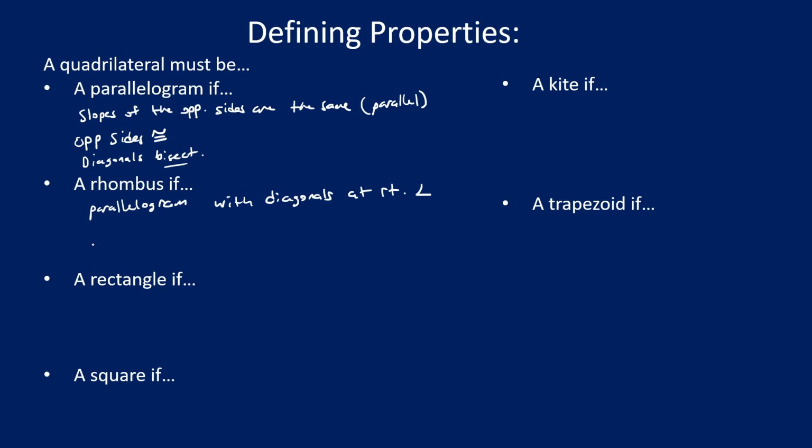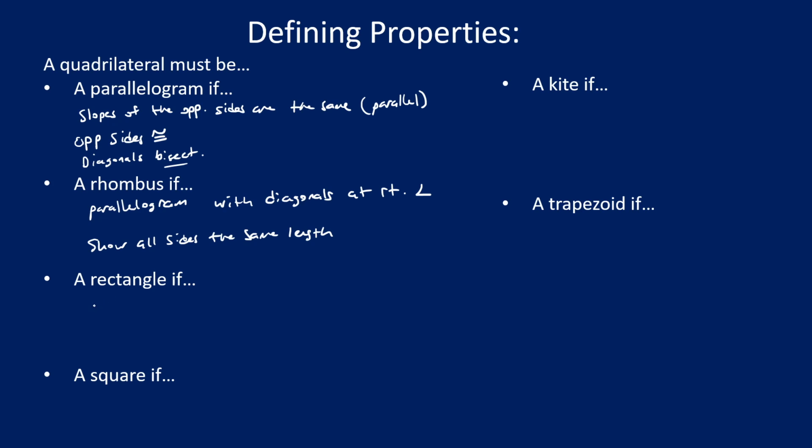The other way to do it is to show all sides the same length. Now, I don't care which way you go about it. I think it's going to be easiest, less work usually to show this. But if you want to go ahead and calculate the distance formula, if you can show all 4 sides are the same, then that also proves it's a rhombus.